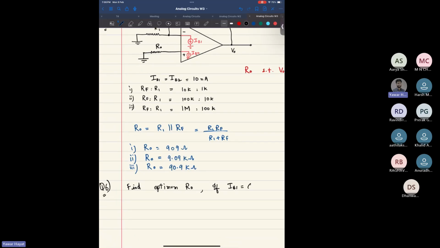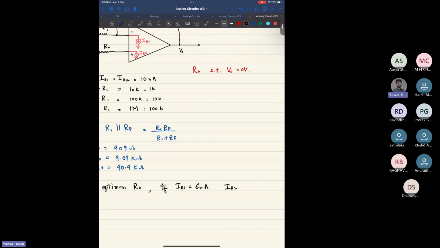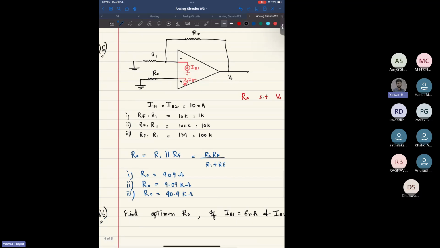Your IB1 is 6 nanoamps and your IB2 is 10 nanoamps. Okay, then find the output voltage of the circuit for each case of RF to R1 values that are provided in question 4. Okay, again, we'll consider these set of values.